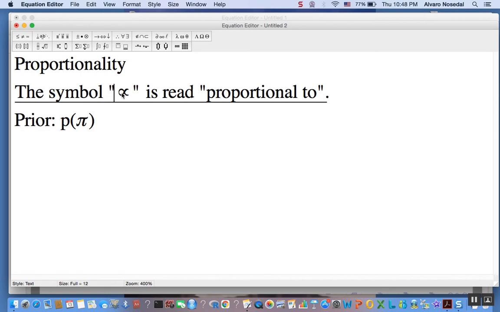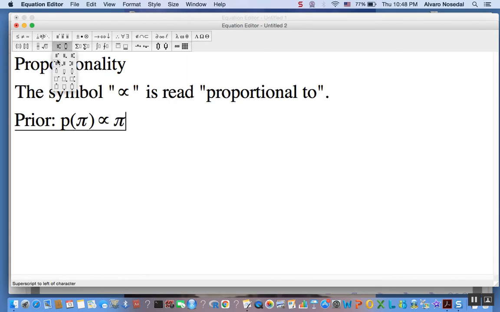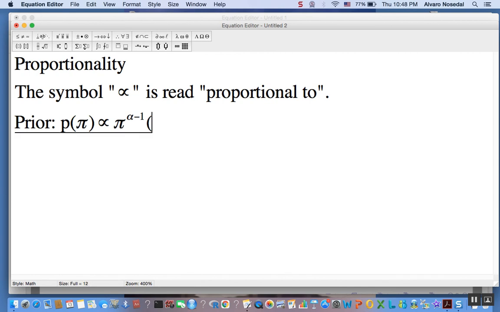So our prior was proportional to a beta distribution, something that looks like this: pi to the power alpha minus 1 times 1 minus pi to the power beta minus 1.